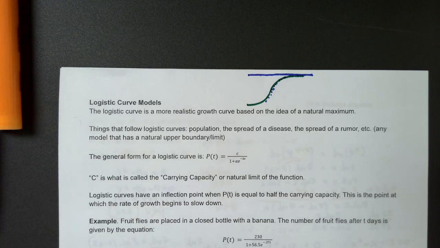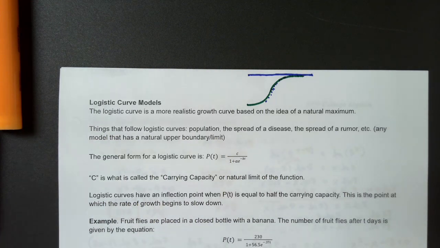Fish in a pond. Does any of you guys have a pond? No ponds? Okay. So if you put fish in that pond, there's going to reach a point where there's no longer enough food, so they're not going to keep increasing exponentially. They're going to reach that maximum point.